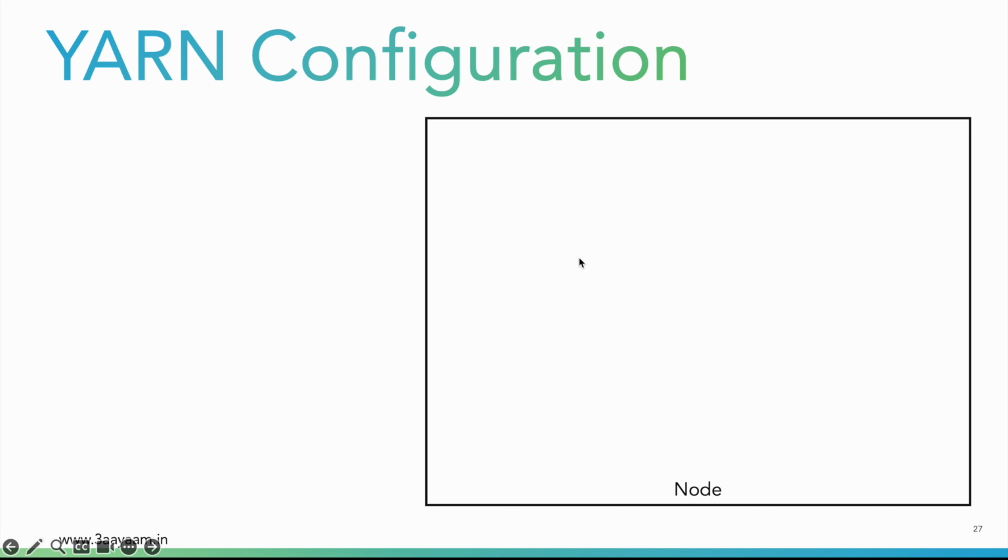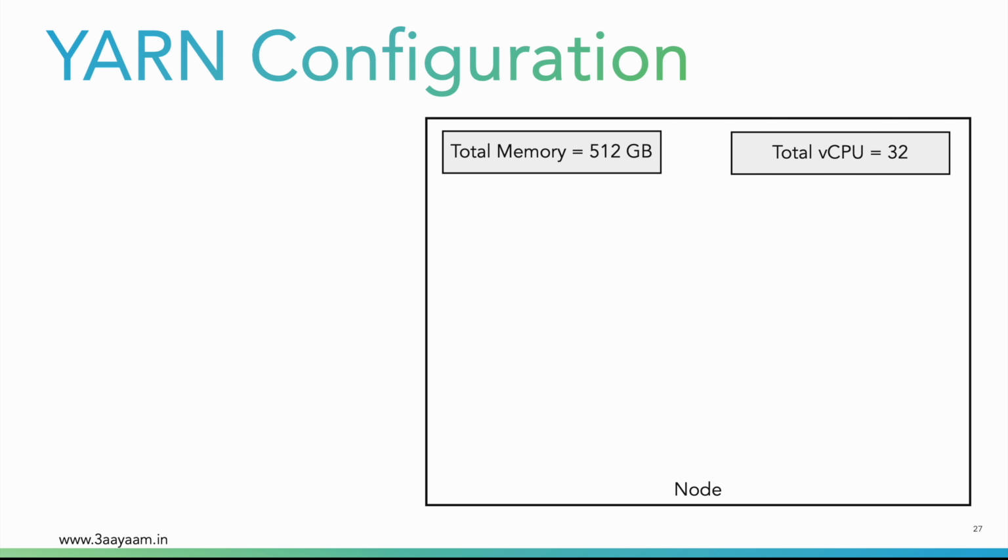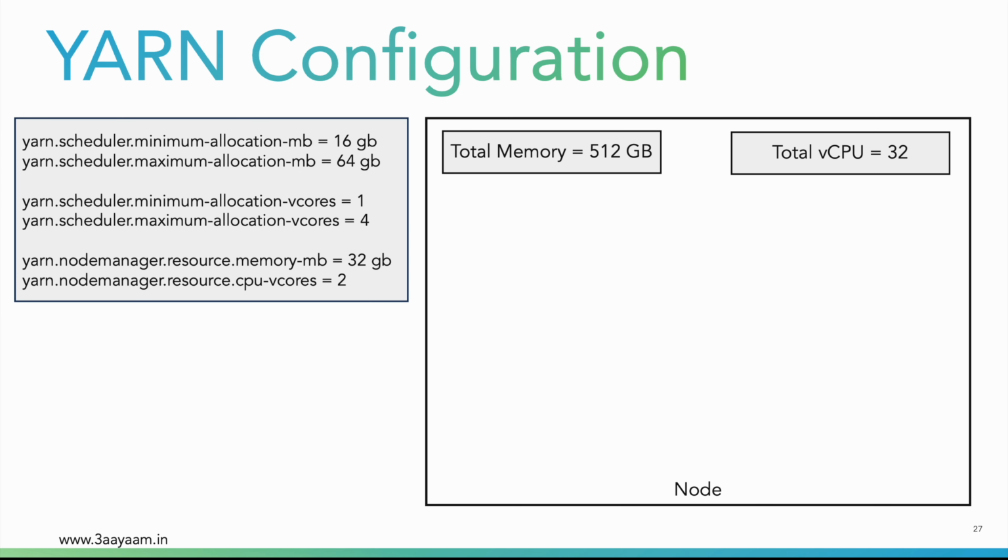So let's say I have this node whose total available memory is 512 GB and total available vCPUs are 32. So this is the total memory and total number of cores in a particular node. Obviously, there can be multiple other nodes also. And let's say this is our yarn configuration.